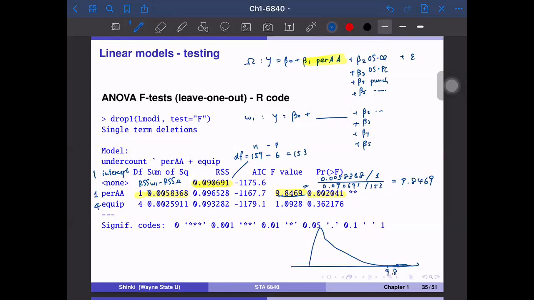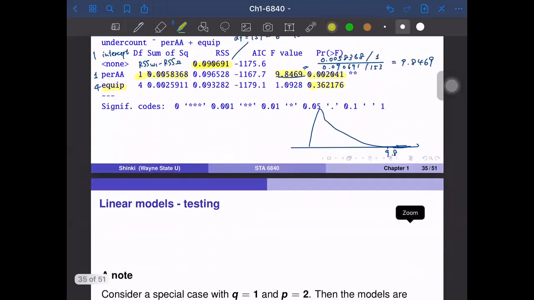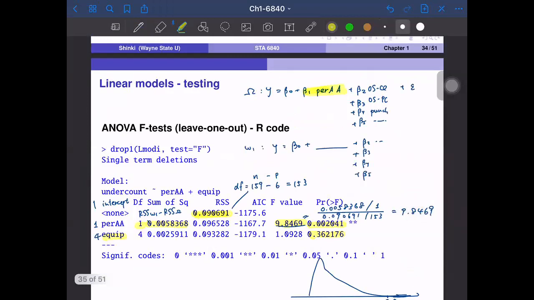So the p-value is very small. So the percentage of African American coefficient is not 0, significantly different from 0. So the same test can be done for equipment. And this is not really significant. Yeah. So this is the ANOVA F-test, leave one out.